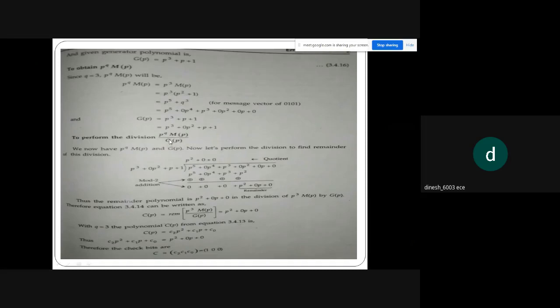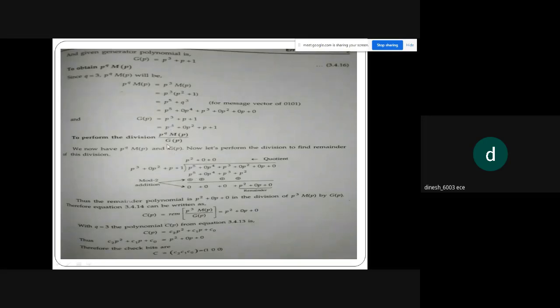Next is to perform the division p power q m of p divided by g of p. So use our division principle.